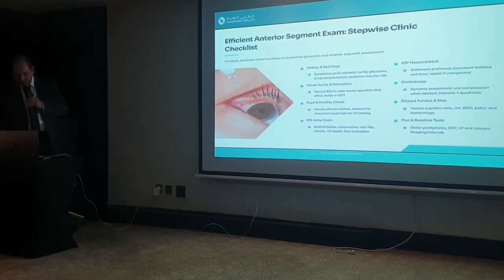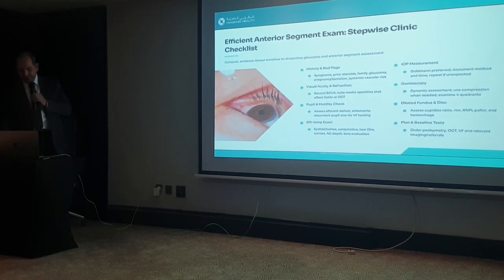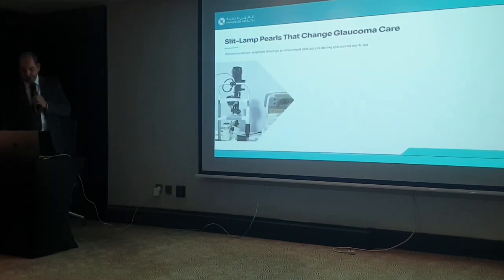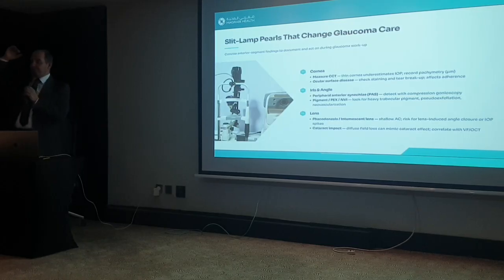Okay. So slit lamp examination, the IOP and gonioscopy, and then dilated fundus examination, and then we will make the plan of treatment. This is the step-by-step approach to our patient. For the slit lamp examination, we start not from the cornea.